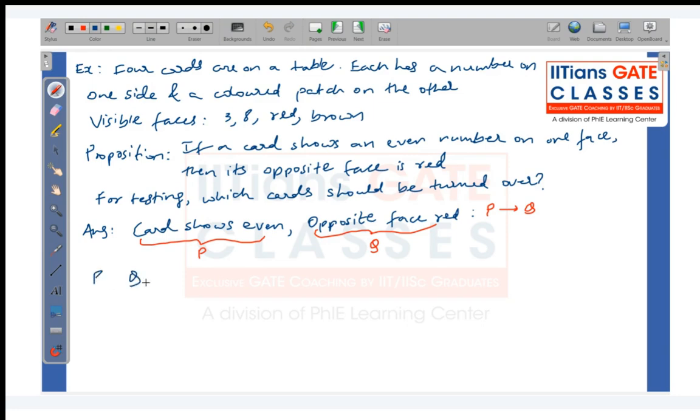We have P, Q, and P implies Q. One, 0, and 1. So one card as well. So two cards.